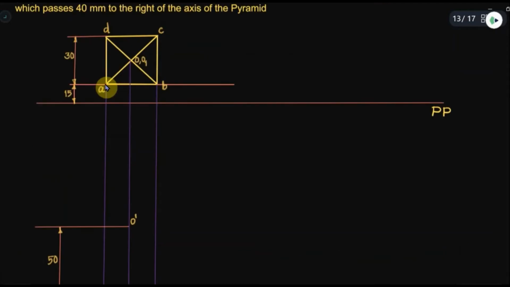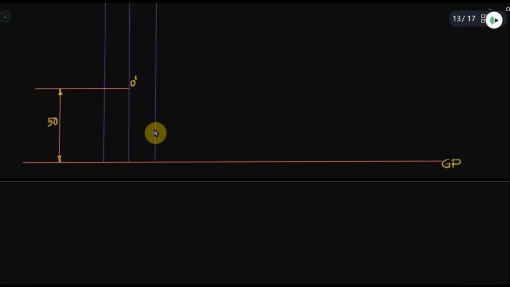So A dash comes first and then D dash. So A dash D dash, then B dash C dash. So here this point will be A dash D dash, and then this point will be B dash C dash, and the midpoint here is the geometric center of the base, so that is our O1 dash.